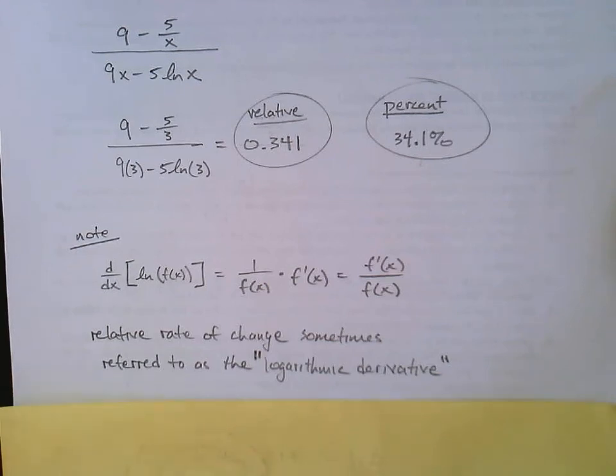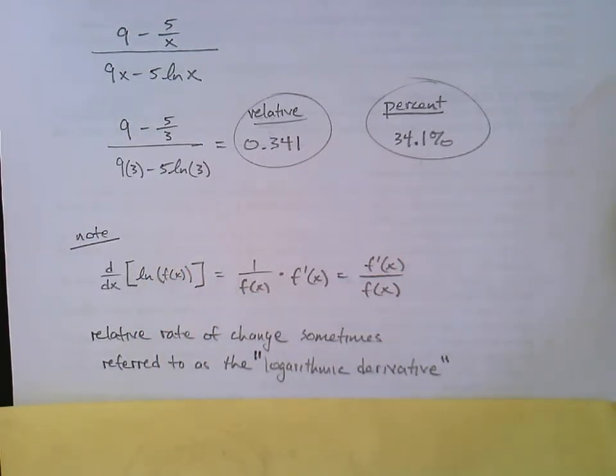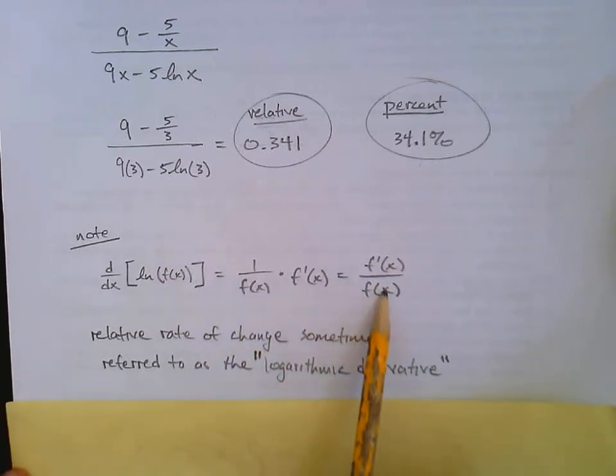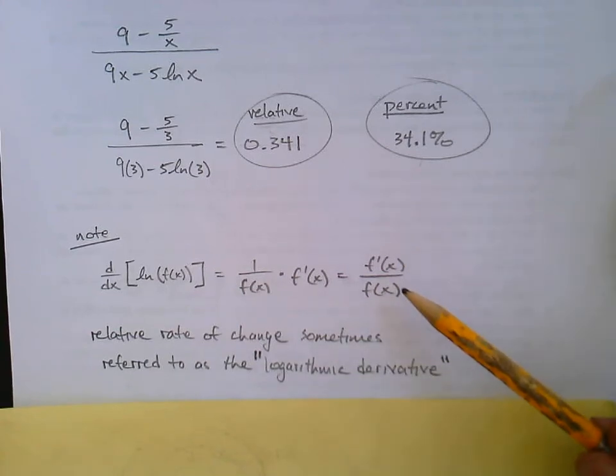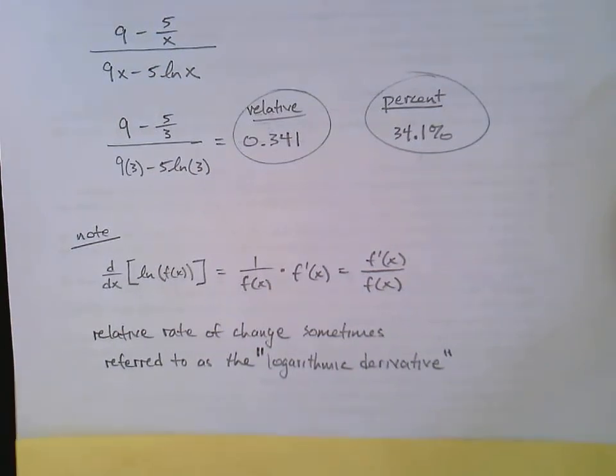And so because it would be the result of this derivative, you hear it referred to that way. Although you don't have to associate this with being the derivative of anything. It's the rate of change compared to the value itself. But now you know what's happening if you hear that phrase. Okay.